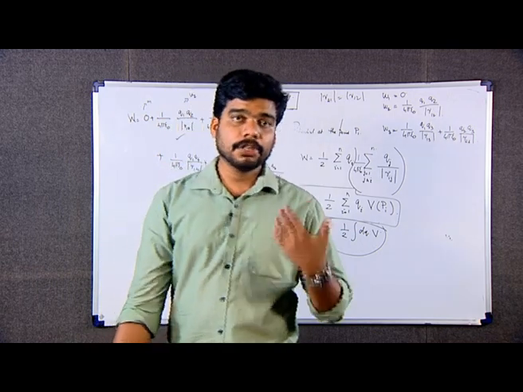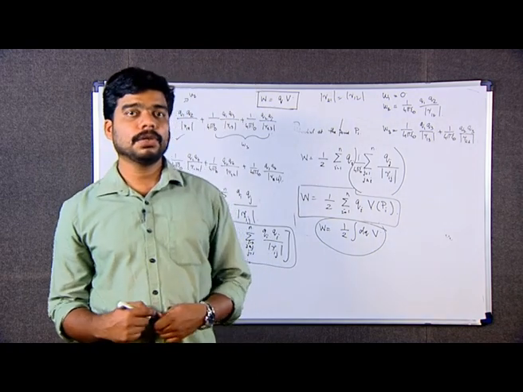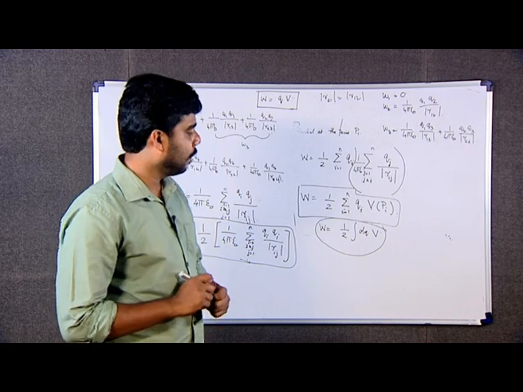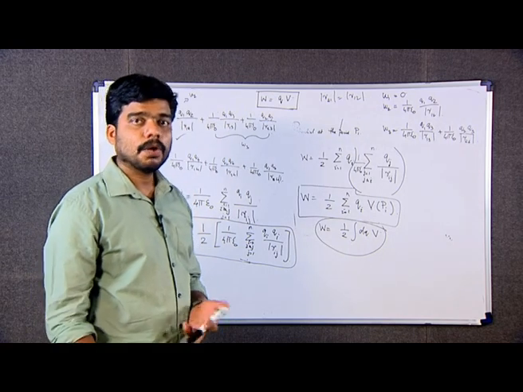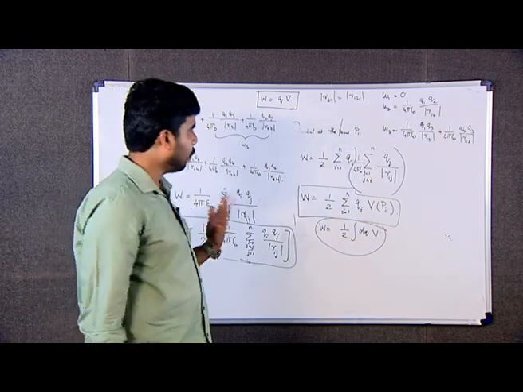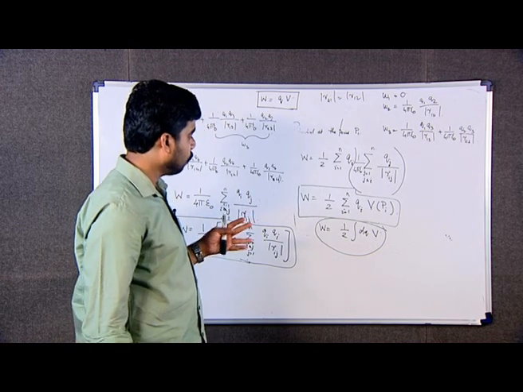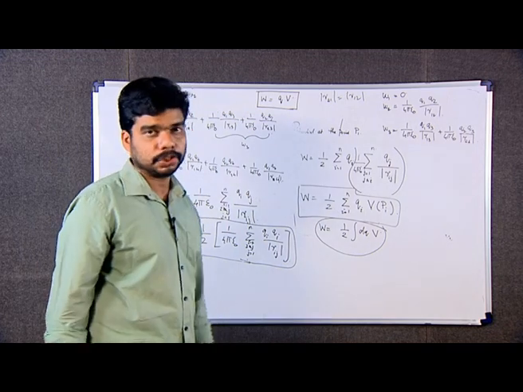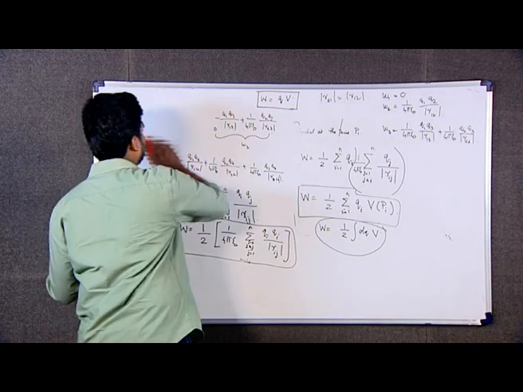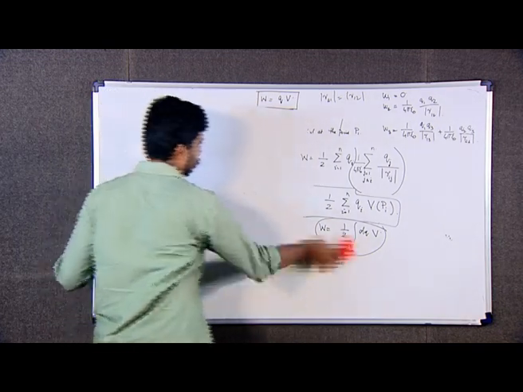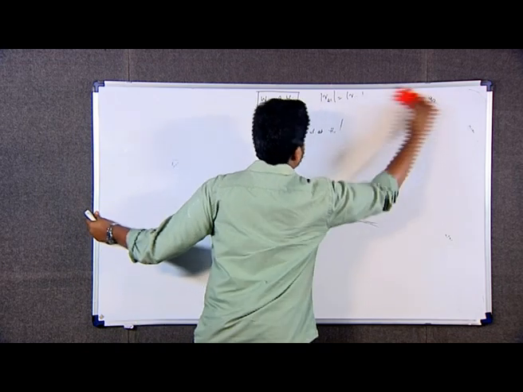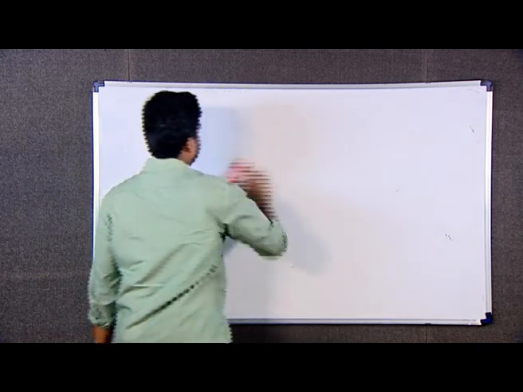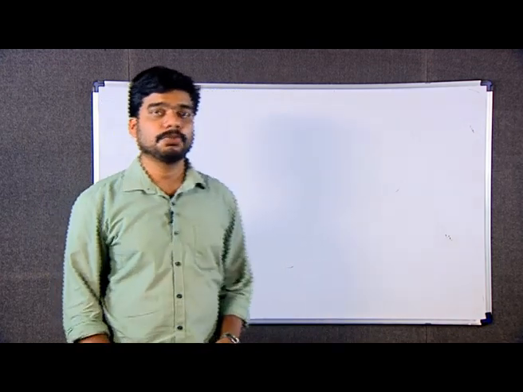In the case of a continuous charge distribution, W is equal to half into integral dq V. Now, we will write what the work done is for a volume charge distribution, for a surface charge distribution, and similarly for a line charge distribution. So, I will focus on the volume charge distribution.